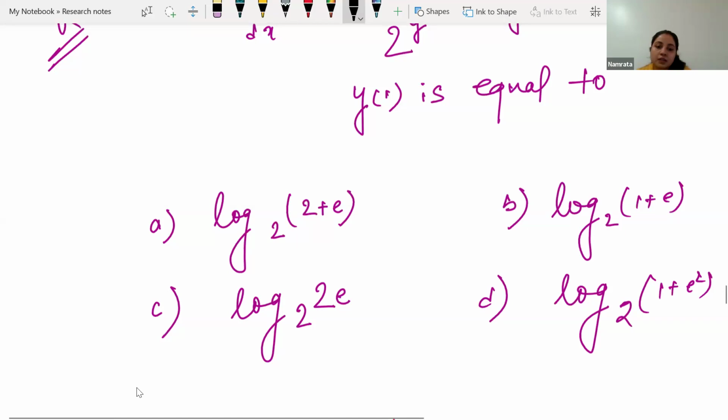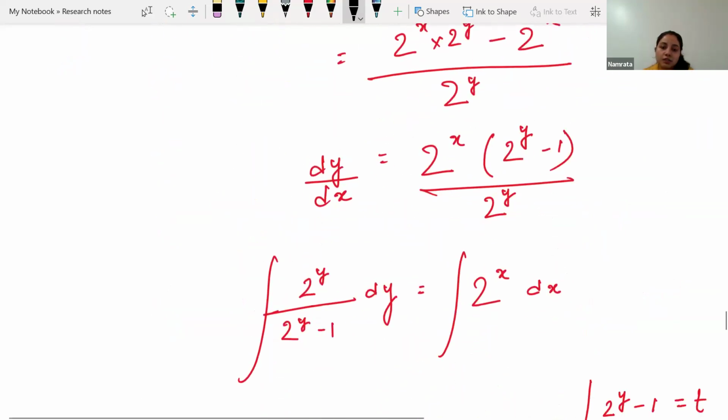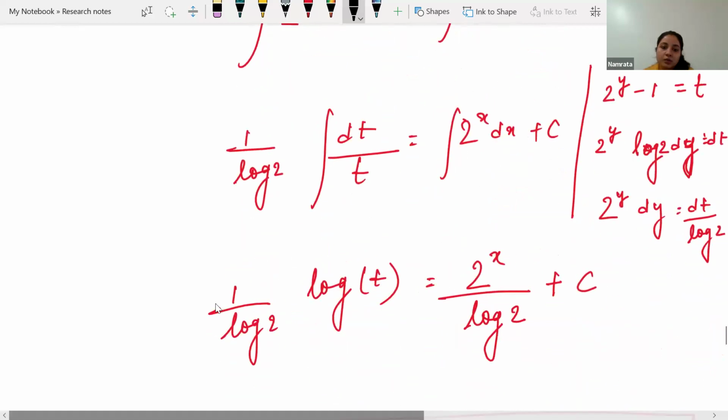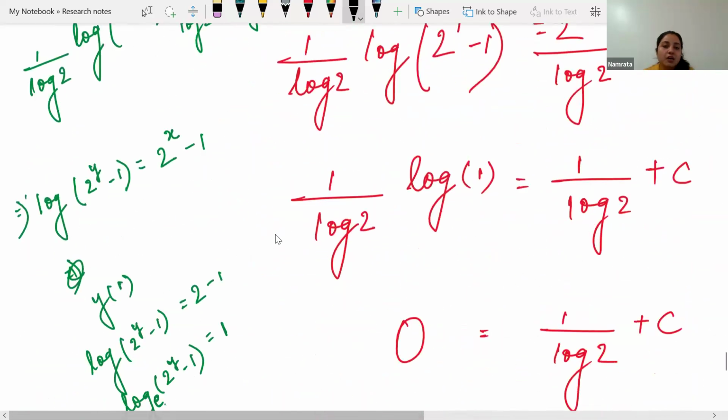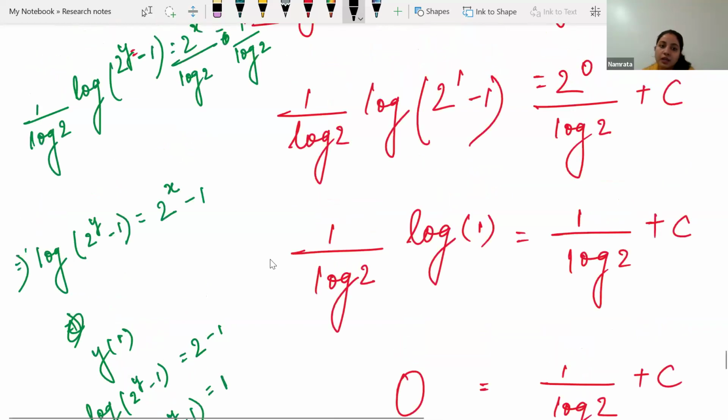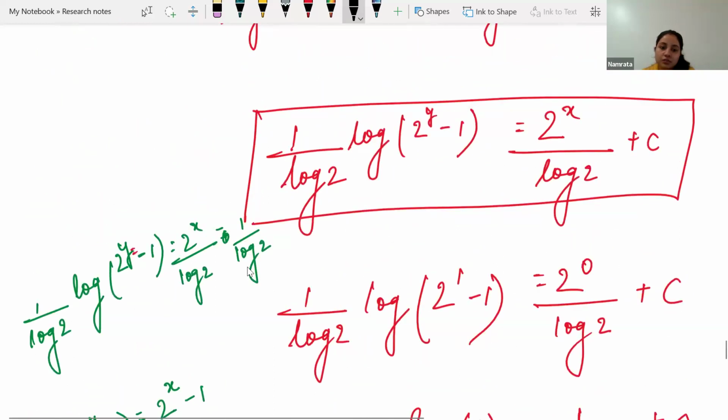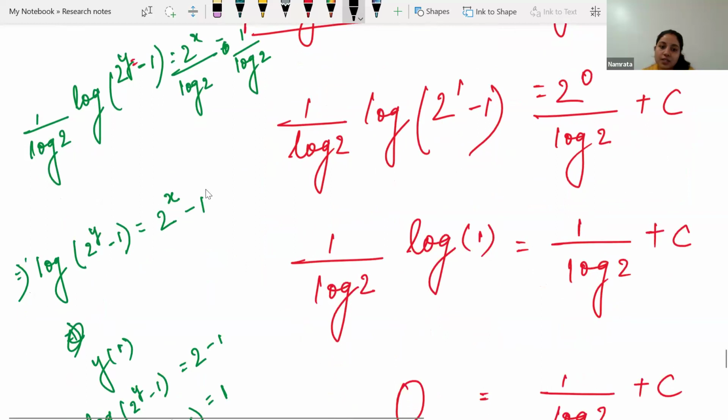So the way we solve differential equations, same way we have solved it. At last we just kept our eyes on the options, and accordingly we did the arrangement. Till finding the value of c, that is 1 by log 2, we have done everything the same.